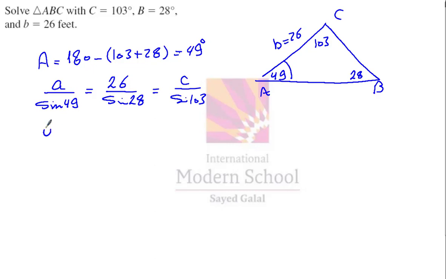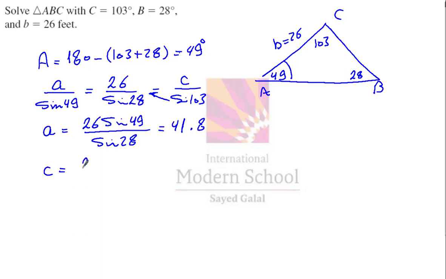Then we can find a equals 26 times sine 49 over sine 28. Then a equals 41.8 and c equals 26 sine 103 over sine 28 equals 54.